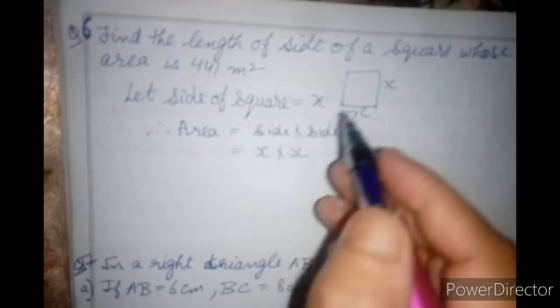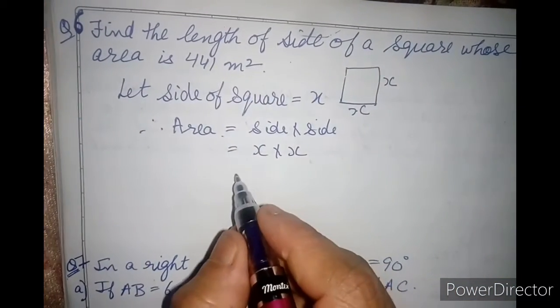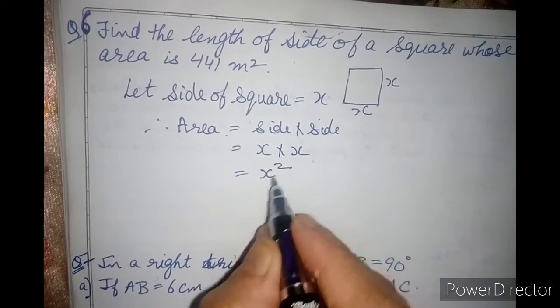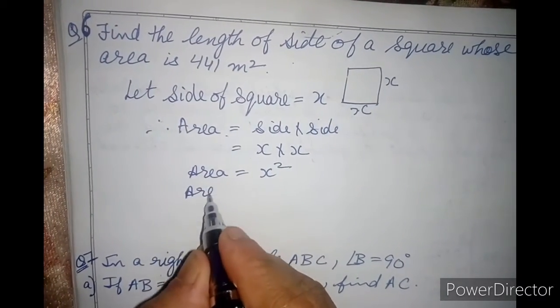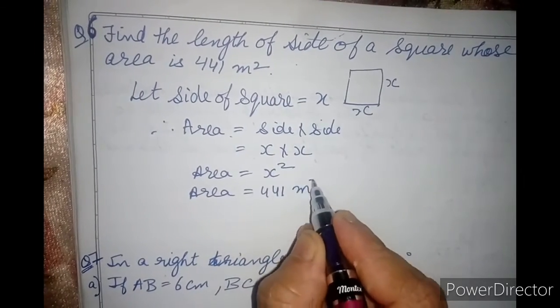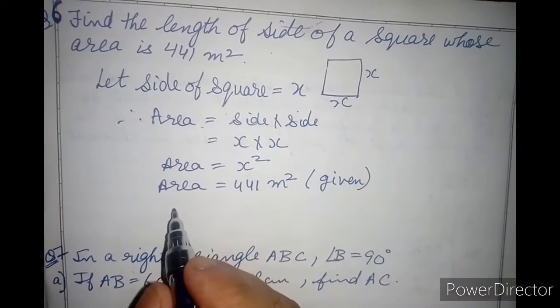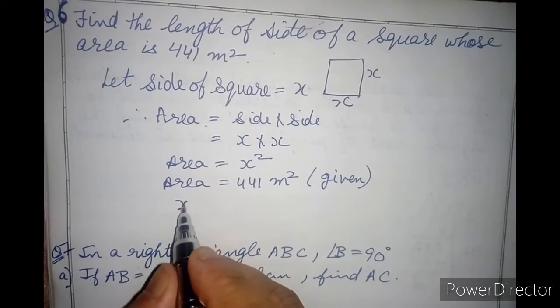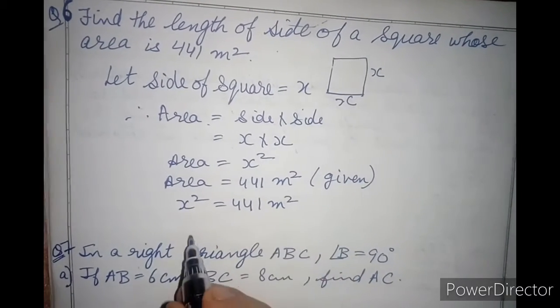And also they have given area equal to 441 meter square. So area is x square. Also area is equal to 441 meter square they have given. So we can say x square is equal to 441 meter square.